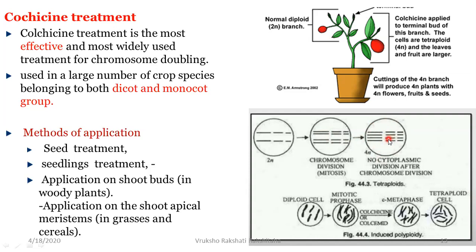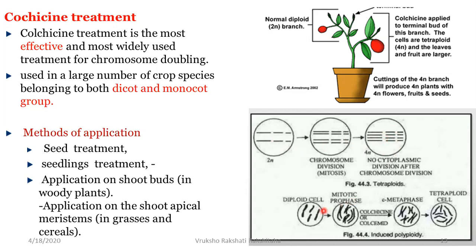There is no cytokinesis at all, no division of the cytoplasm and formation of the cell wall. So all the chromosomes lie in the common protoplasm, and that is why the chromosome number gets doubled. So you see that now this cell has become 4n tetraploid. The parent cell was diploid, and now the daughter cell has become tetraploid.